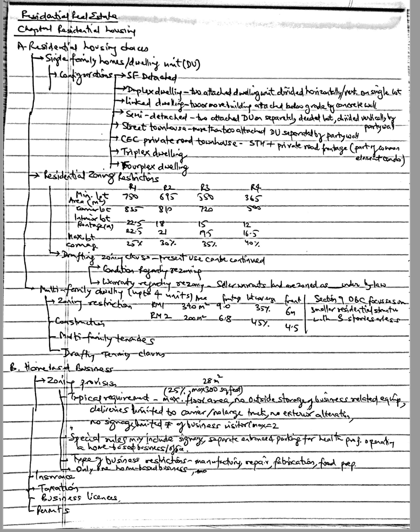The same applies to the minimum lot frontage: as we go towards R4, the lot frontage decreases, which implies that the density is increasing. Similarly, there's a requirement for the minimum front yard and for the minimum lot coverage. The lot coverage goes from 25% in R1 all the way to 40% in R4.